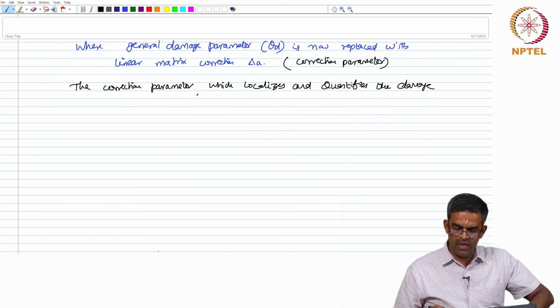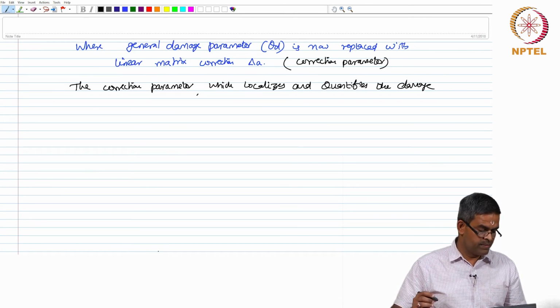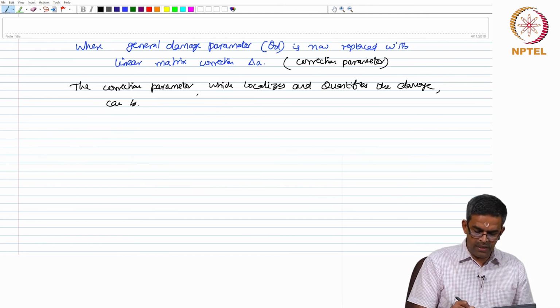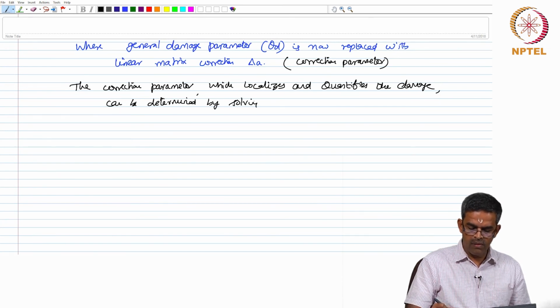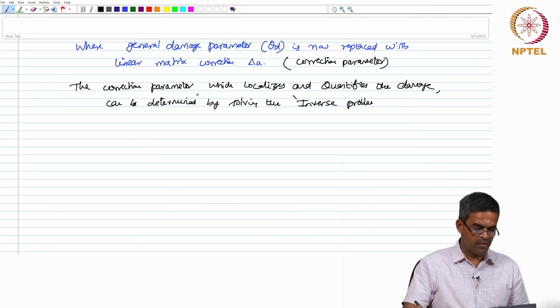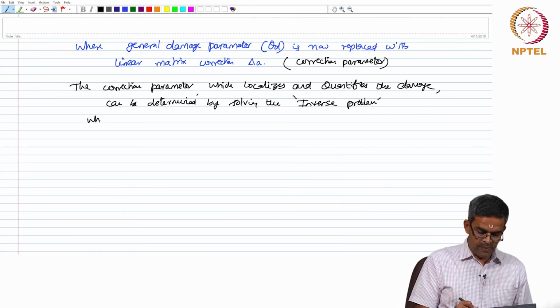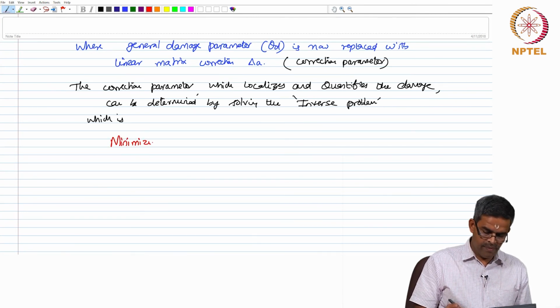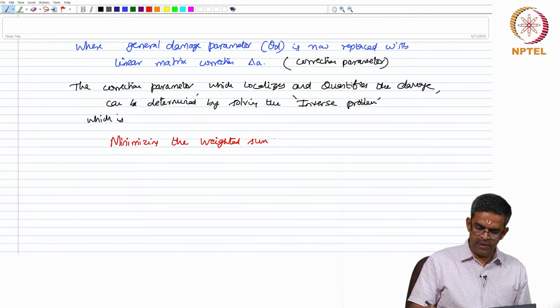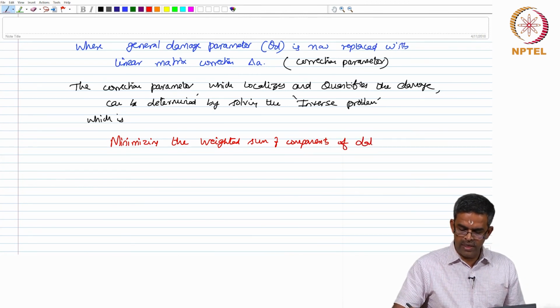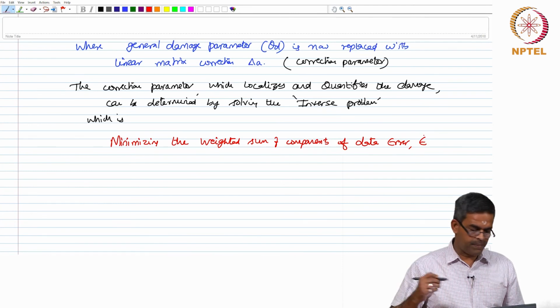So, this essentially localizes and quantifies the damage, can be determined by solving the inverse problem which is minimizing the weighted sum of components of the data error epsilon.